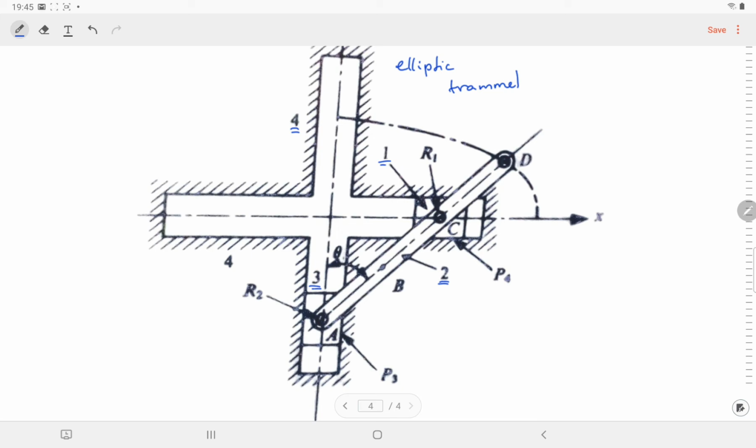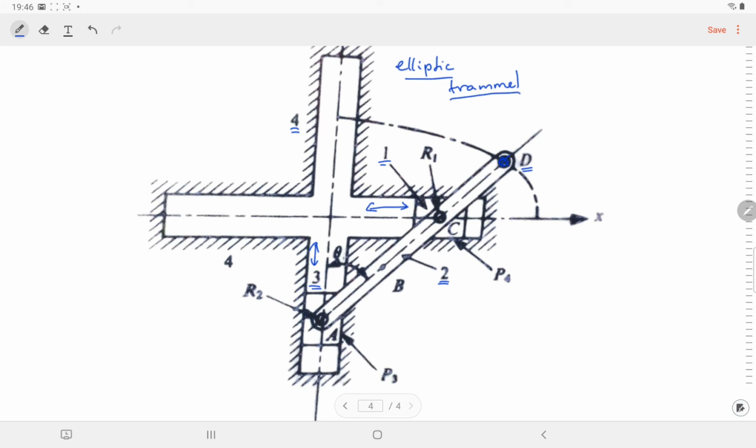This slider is link 1, and this slider will move to and fro with respect to link 4, and link 3 will move to and fro, but in this direction with respect to link 4. And link 2 has been connected such that while the link 3 and link 1 are moving, link 2 will move such that this particular point, the point D, will trace an ellipse. Okay, so that's why it's called elliptic trammel.